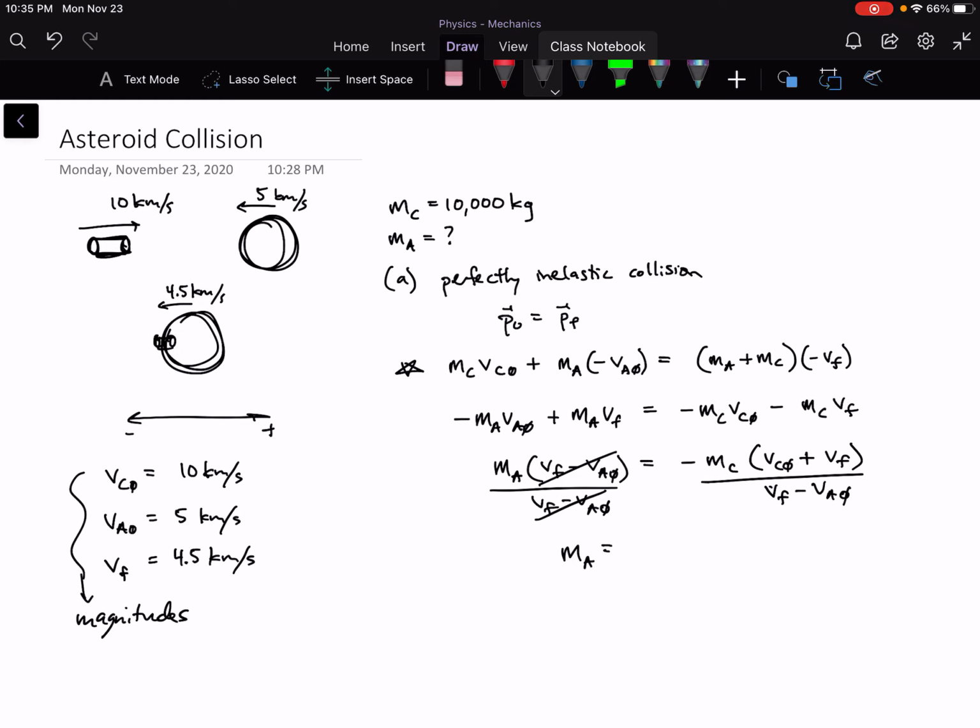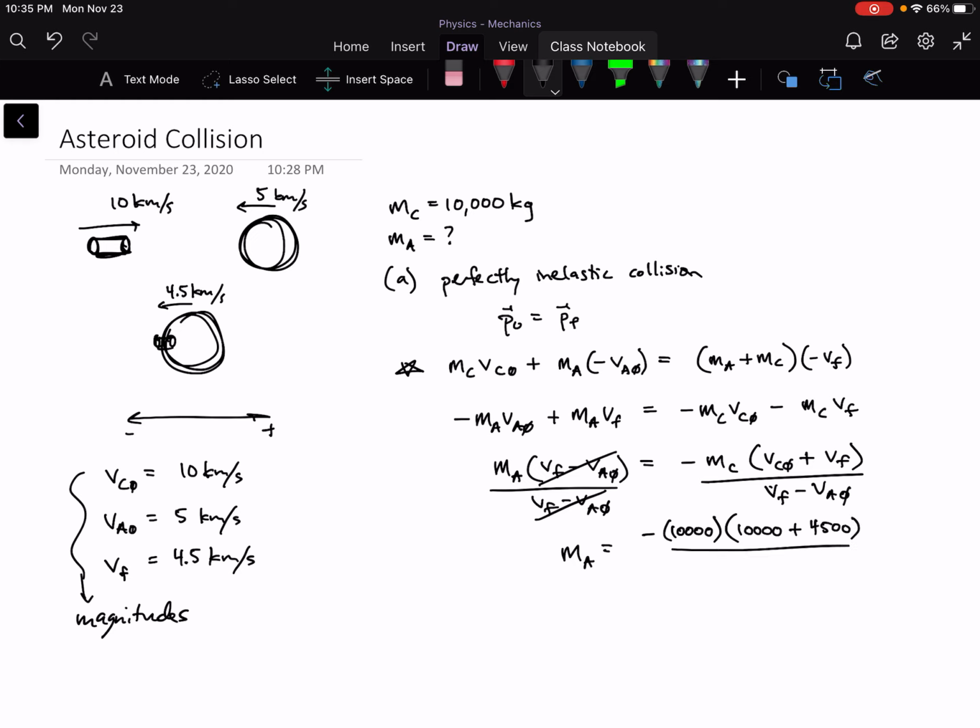Okay, so if we go through it, mass of the cylinder is 10,000 kilograms. Velocity of the cylinder initially is 10,000 meters per second, so 10 kilometers a second. We add to that the final velocity magnitude, right? I've already put in the directions, don't put them in twice.